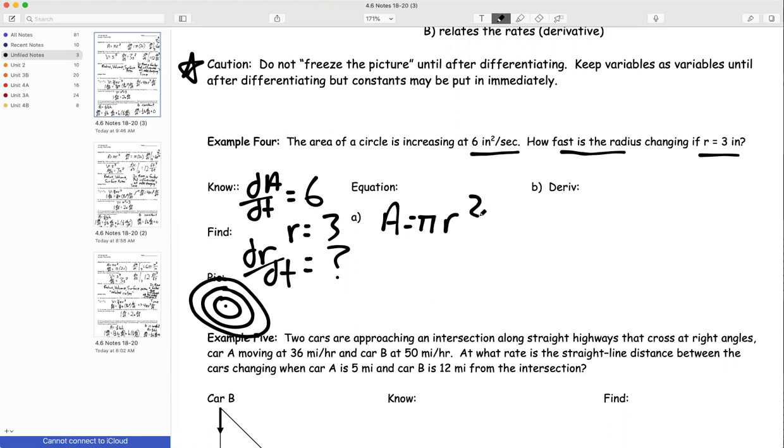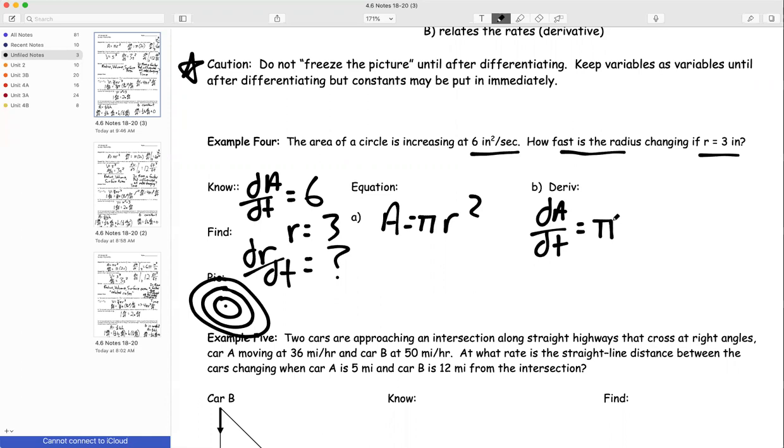And now I need to take the derivative. So let's differentiate. A equals pi r squared. The derivative of A with respect to time is dA/dt. Here I'm going to do the product rule. So I have pi times the derivative of r squared.